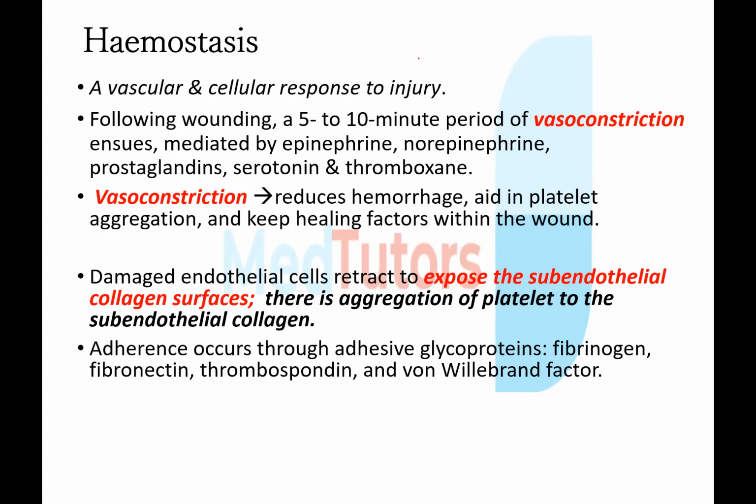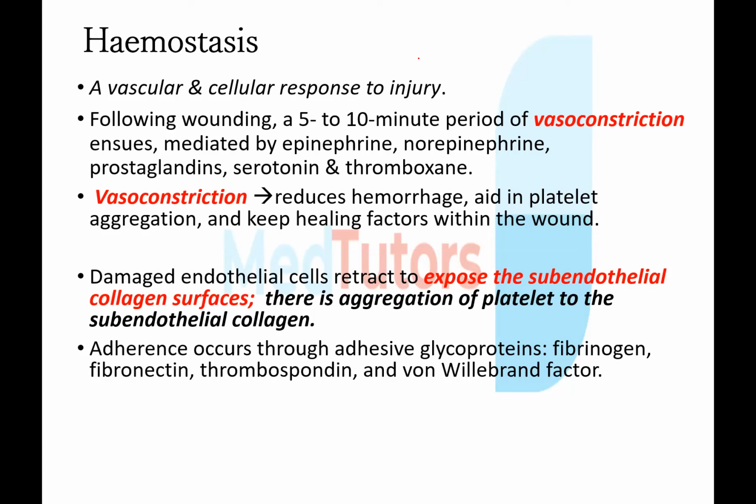Now, when an individual sustains injury, the first process is to limit blood loss from that injury, which is the stage of hemostasis. And hemostasis is achieved by 2 processes: vasoconstriction, as well as formation of a temporary hemostatic plug from platelet aggregates.